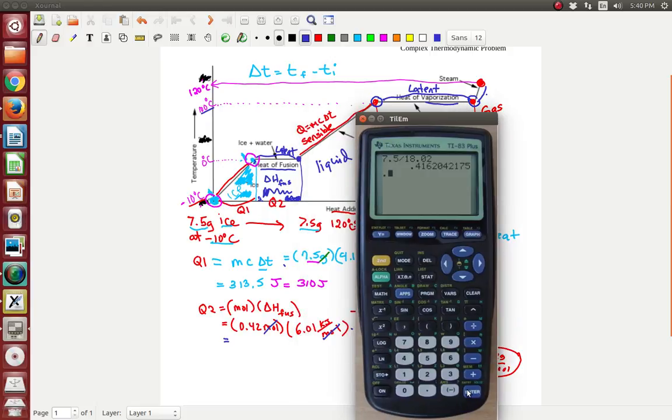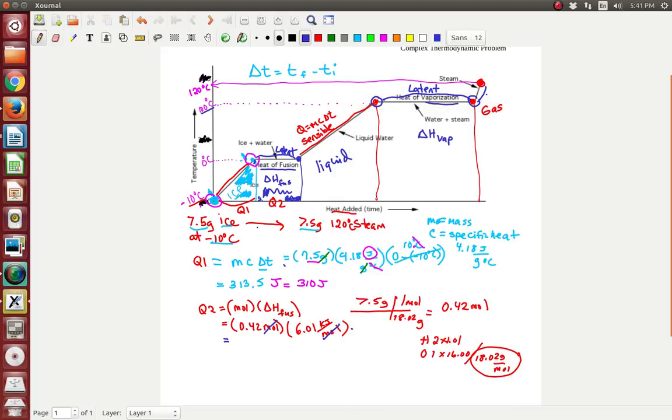All right, 0.42 times 6.01 equals 2.5242. Now there's two sig figs, so we're going to do 2.5. Let's write that down. 2.5. And notice it's kilojoules. So that's Q2.